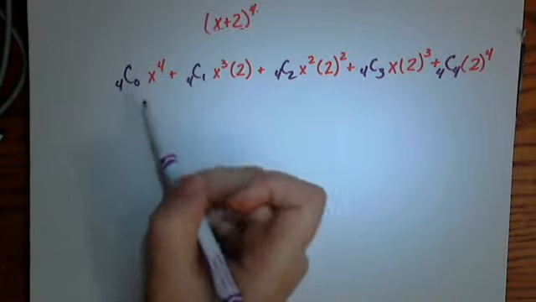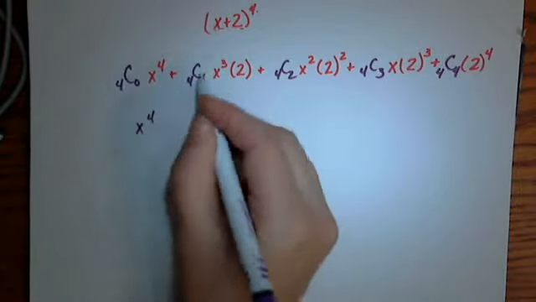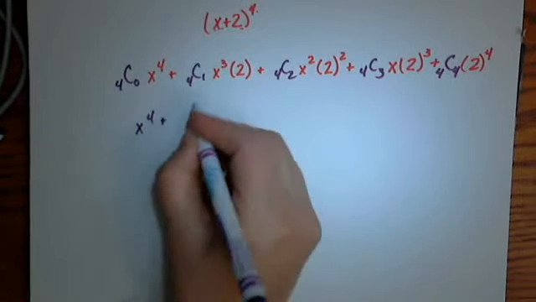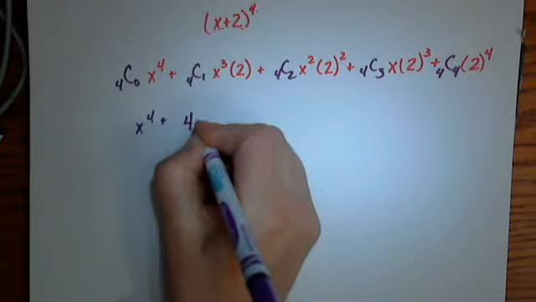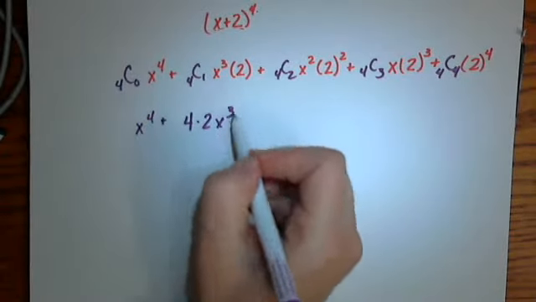So what is 4 choose 0? 4 choose 0 is 1, so that just leaves me with x to the 4th. 4 choose 1 is going to be 4 times 2x cubed.